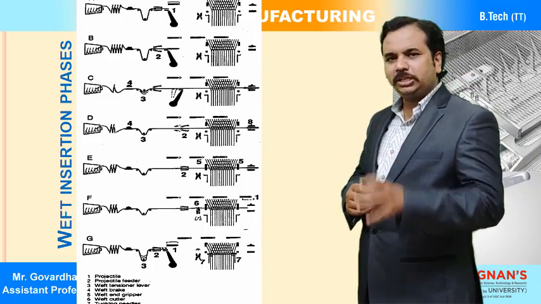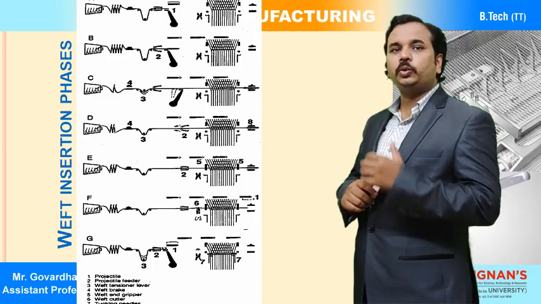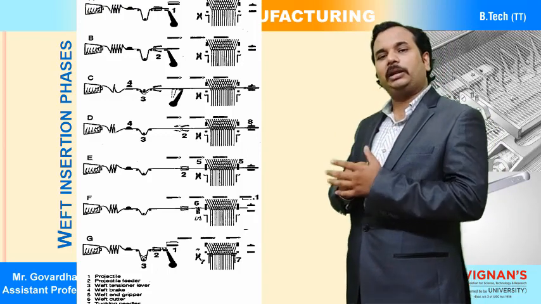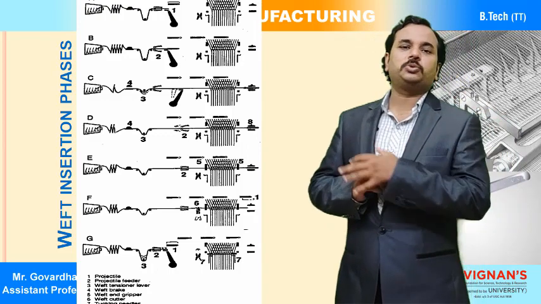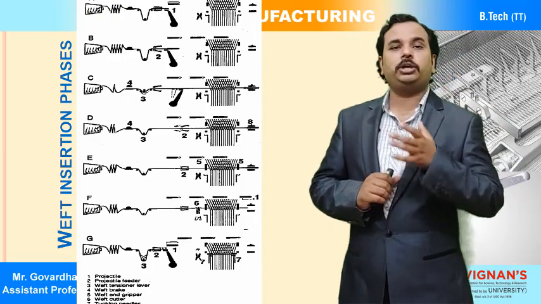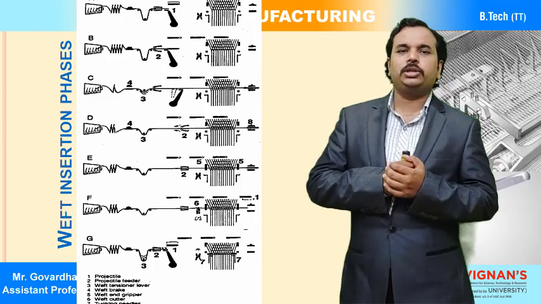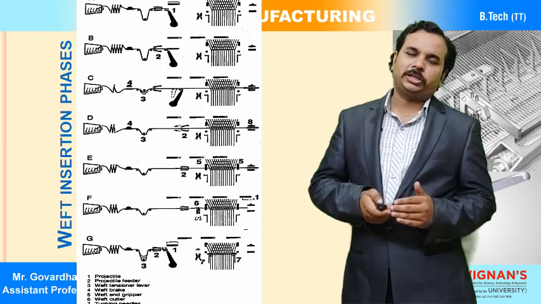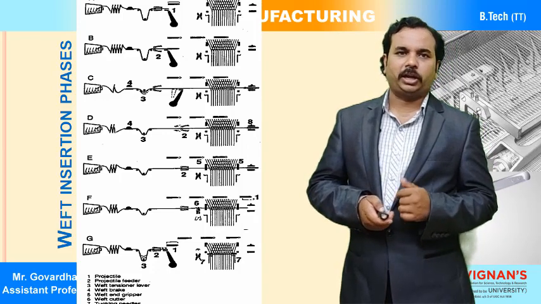We are seeing how all these elements work when the projectile is transferred from one side to the other, by using the picking arm when it is given the motion. These are the different phases of how the pick or weft yarn is inserted using gripper projectiles in projectile weaving technology.